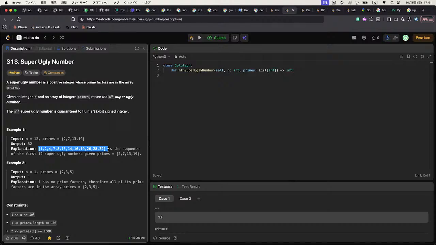Okay, and yeah, so the problem is, how do I generate these arrays? Yeah, it should be determined by the primes.